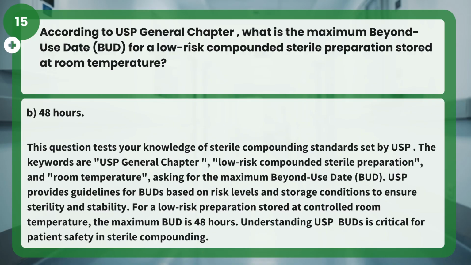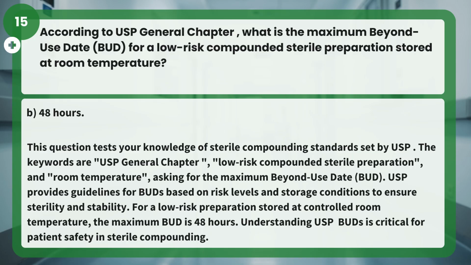Answer B. 48 hours. This question tests your knowledge of sterile compounding standards set by USP <797>. The keywords are USP General Chapter <797>, low-risk compounded sterile preparation, and room temperature, asking for the maximum beyond use date, BUD.